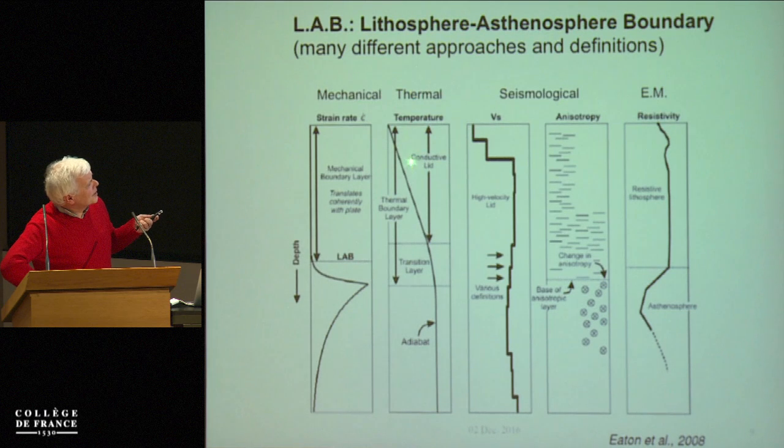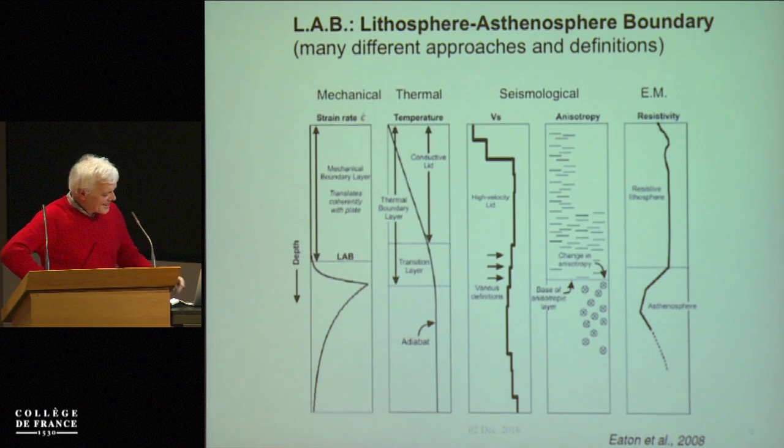We have also another interpretation of the plate. This is a thermal approach, considering the temperature, where in the plate you have only conduction for heat transportation. When we go deeper, we can have more convective processes. On the other hand, it is very similar from electromagnetism: if you consider the resistivity or conductivity, you will also have a change in the resistivity profile.